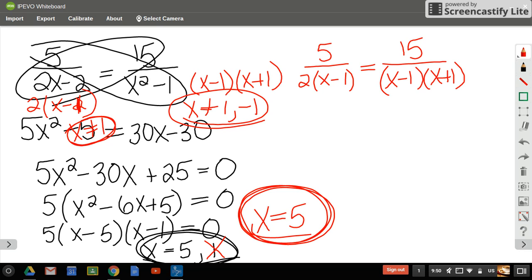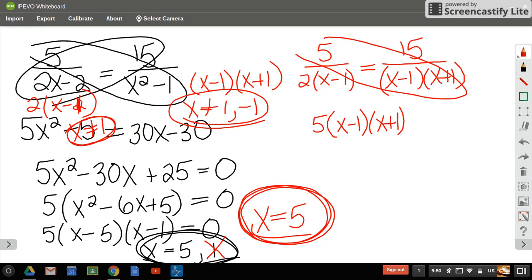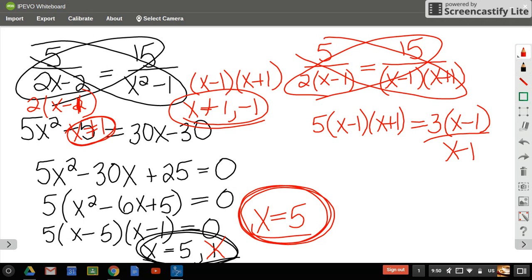When you do that, you could cross multiply and get 5 times x minus 1 times x plus 1 on the left, and on the right, 30 times x minus 1. Now, you might think, oh, right here I can just divide by x minus 1 and cancel that off on both sides. Now you can, but what you are doing is you're dividing out a solution.